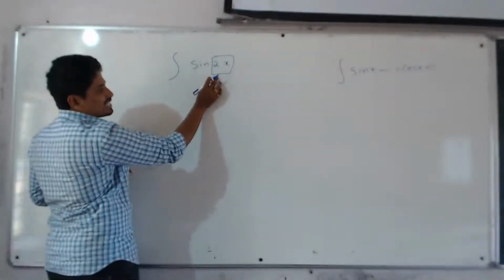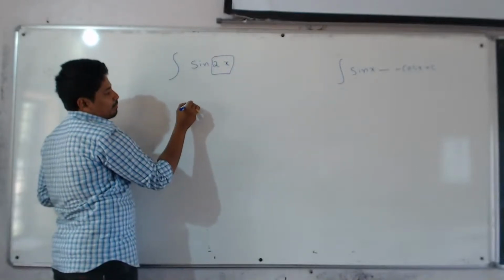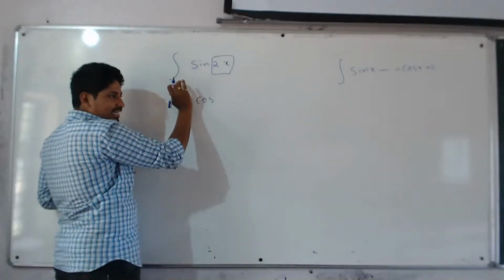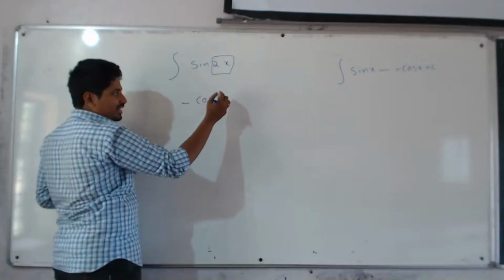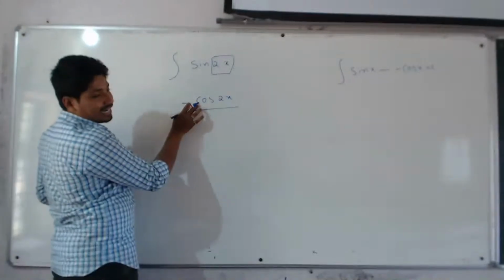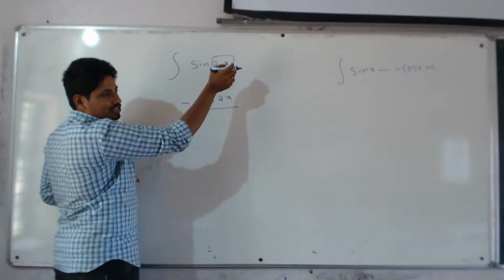You have to consider this as x, then it will convert to that form. It is minus cos. If you consider this as x, integral sin x is minus cos x. In the place of x we get 2x. The answer will not end here because it is not x, it is something else in the place of x.